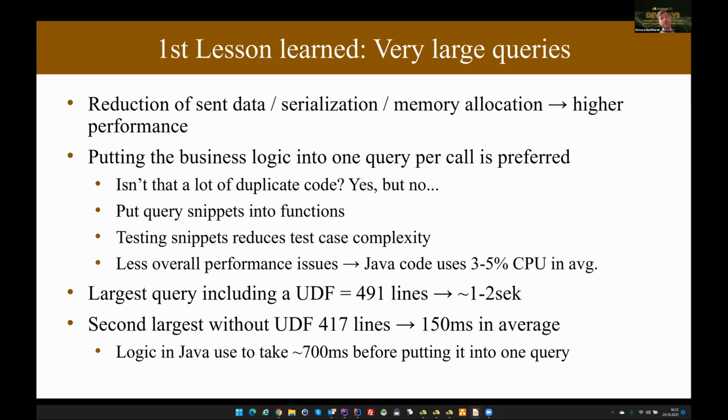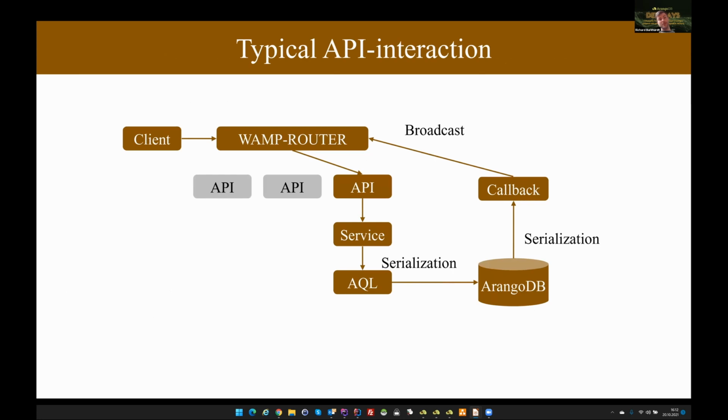And as I said, we put most of the business logic into one query, this was the image I was showing before, to have just one serialization from AQL to ArangoDB and one serialization from ArangoDB to our callback. So this is basically a typical API interaction.